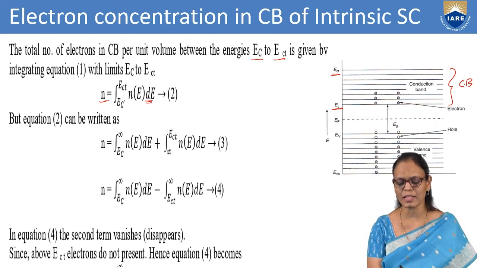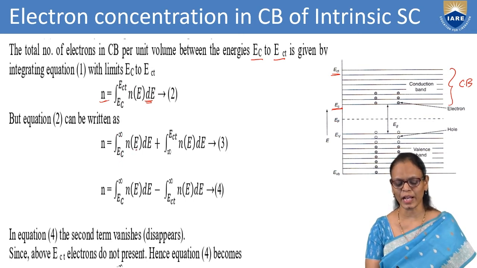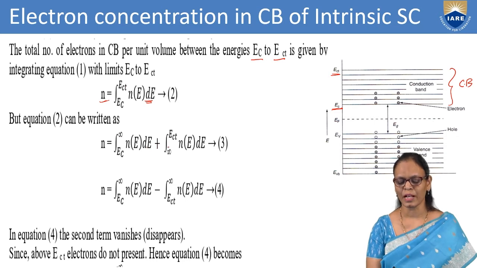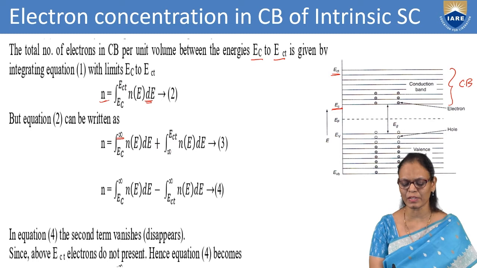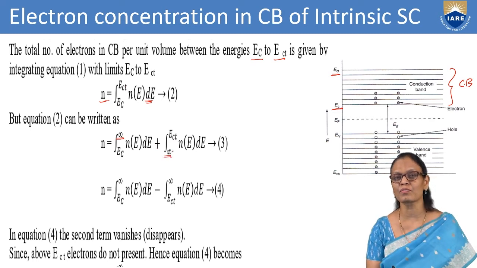Now this equation we can split and write as the integral from Ec to infinity of n of E dE plus the integral from infinity to Ec top. Means we are splitting. This is infinity, and again we are starting from infinity, so these two are continuous. I can write it as the integral from Ec to infinity of n of E dE plus the integral from infinity to Ec top of n of E dE.